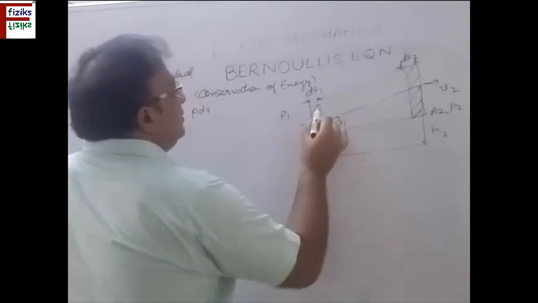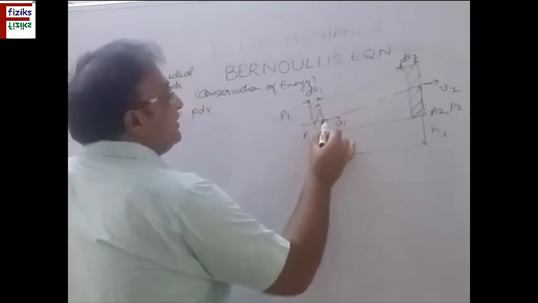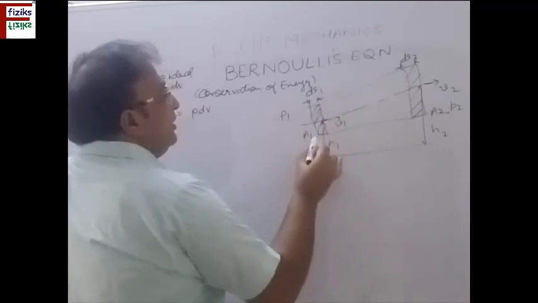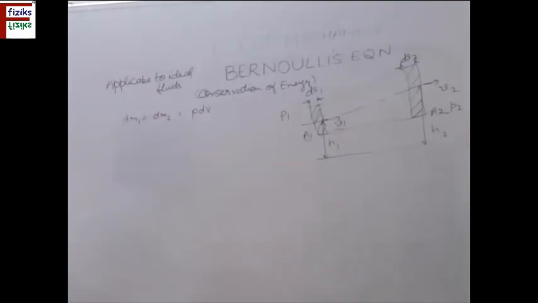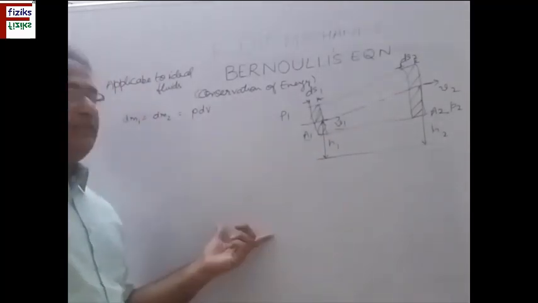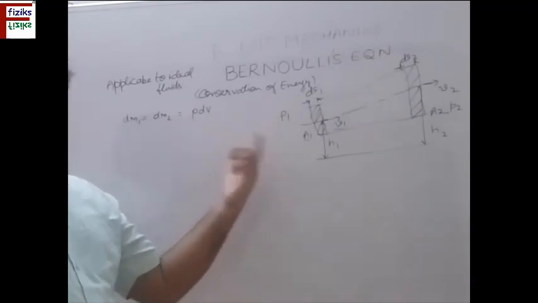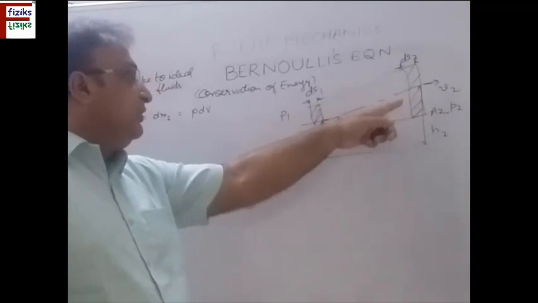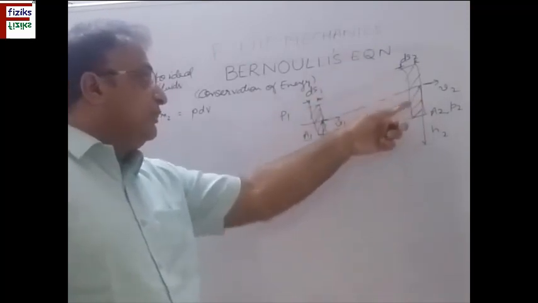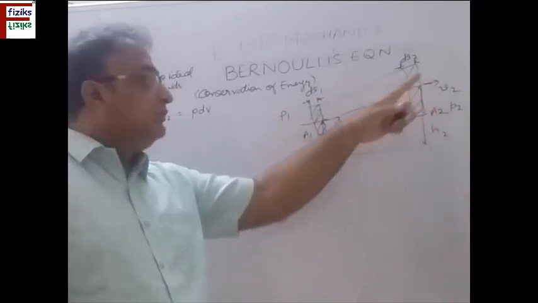So dV1, the volume of the fluid present in this small element at any time, is equal to area into velocity. We discussed this in the continuity equation, so I am writing it straight away. Similarly, the mass present in this element is density into this volume, which is A2 multiplied by velocity V2.